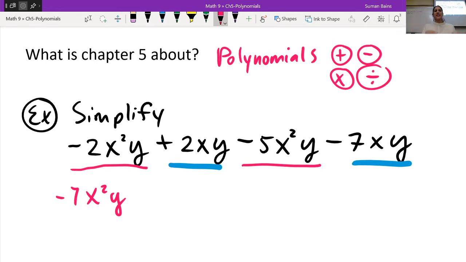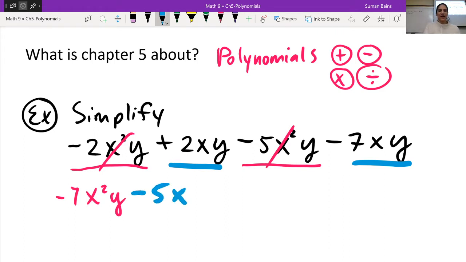It's like apples and oranges. If the pink one is apples and the blue one is oranges, we're counting up how many apples we have and how many oranges we have. So the x squared y part, you just leave it written exactly as it is. Does that make sense so far? Now let's go to the blue part. 2xy minus 7xy, what do we have?